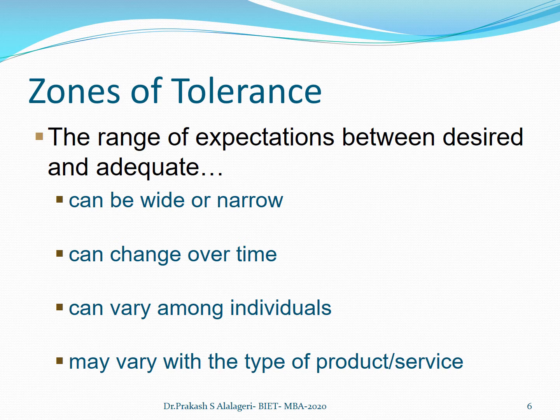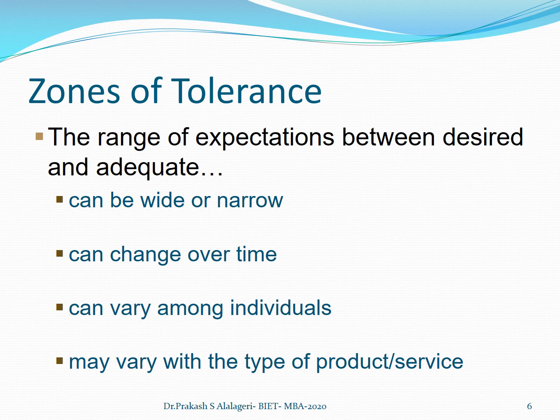Really, I'm not expecting that in the case of a fast food retail outlet. That's how it varies, right? It varies even across industries, or within the industry, across categories. That's where you find consumers having different zones of tolerance for different types of service.